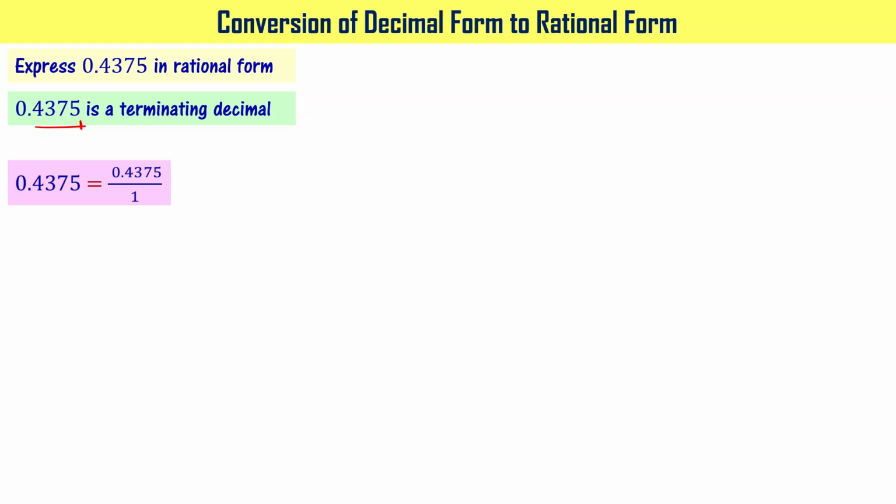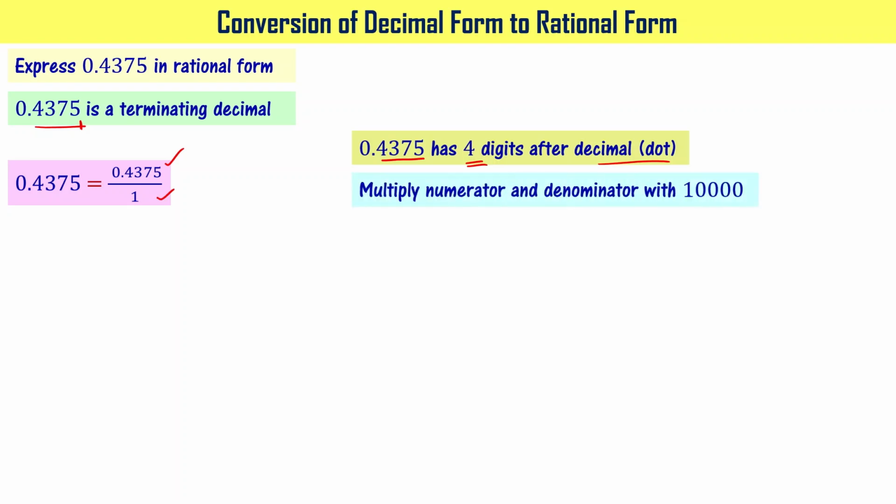For that, since 0.4375 has 4 digits after the decimal, we want to multiply both numerator and denominator of this number with 10,000. You see, 4 digits here, 4 zeros here. When you multiply, it can be written as 0.4375 into 10,000 divided by 1 into 10,000, right?